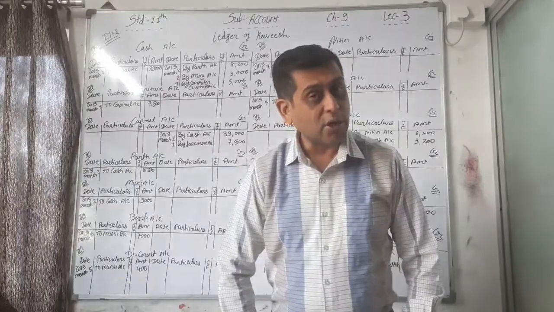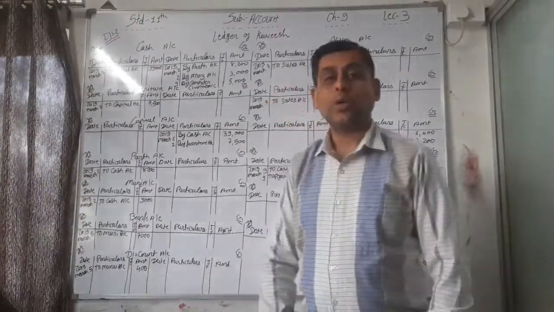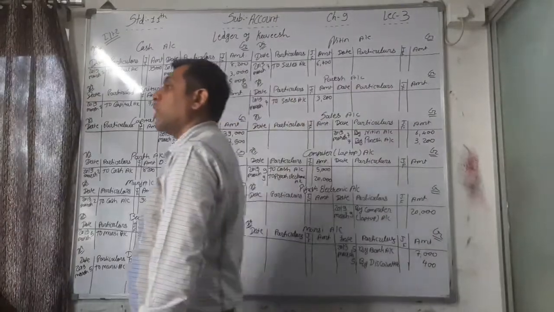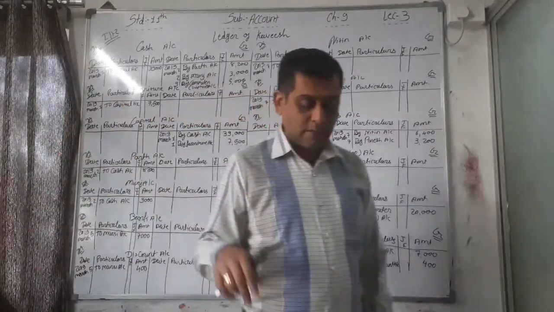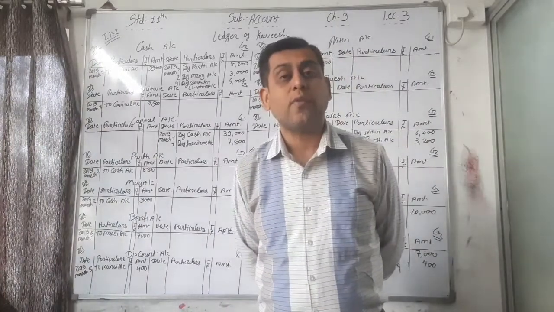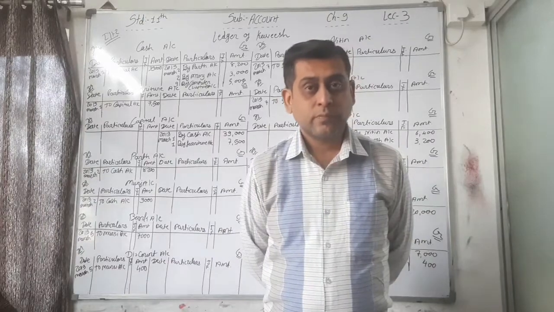Very easy. Make the total now. Total credit sales, into bracket write down sales account, and total is 38,250.